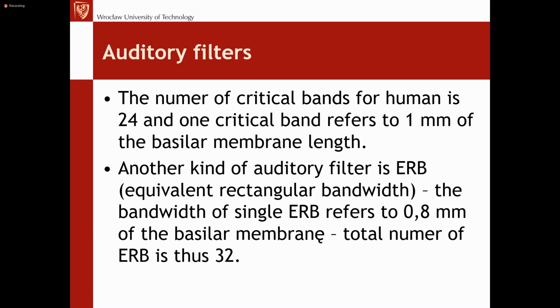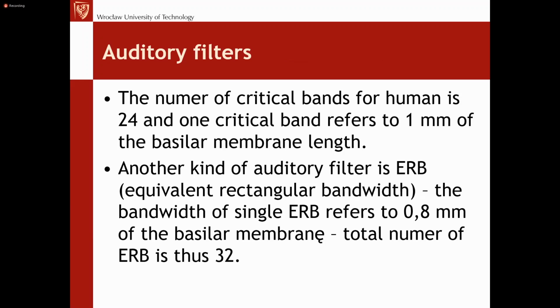And another kind of auditory filter was introduced at the end of the previous century, I mean, in the 90s. And it is the equivalent rectangular bandwidth. And the scientists who introduced these ERB filters assumed that the bandwidth of a single equivalent rectangular bandwidth refers to 0.8 millimeters of the basilar membrane.